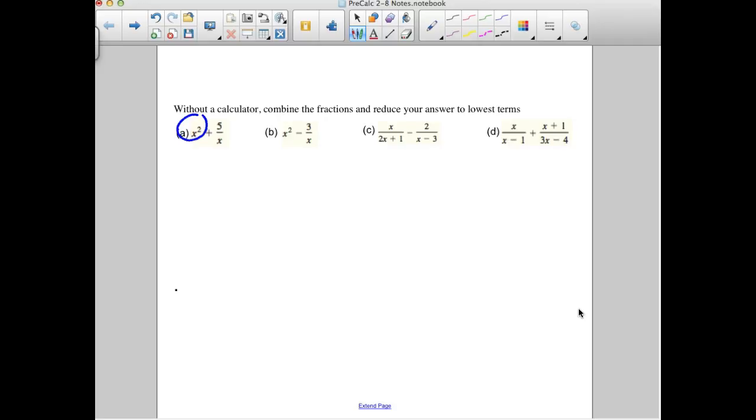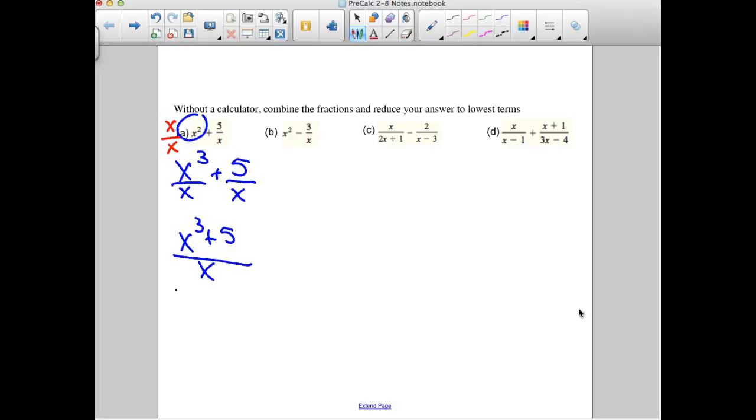So we have to multiply this by x over x. And what that gives us is an x cubed over x. And now we can add a 5 over x to it because now we have a common denominator. So our simplified expression, combining it into one fraction, would be x cubed plus 5 over an x.